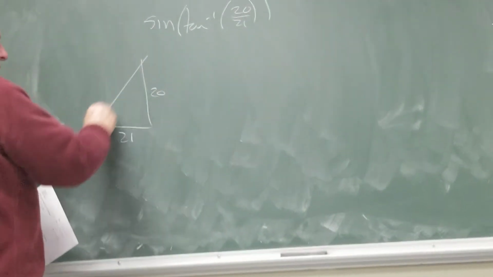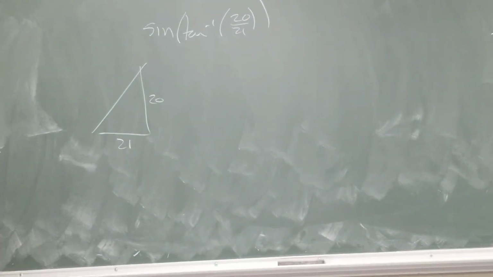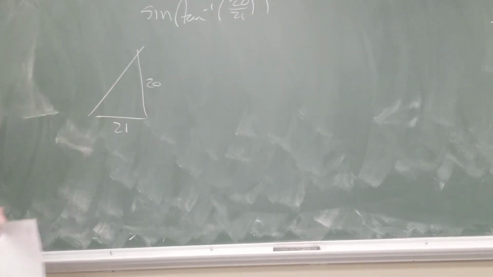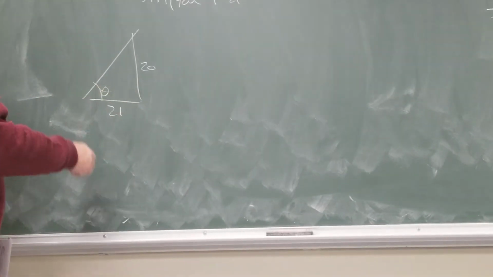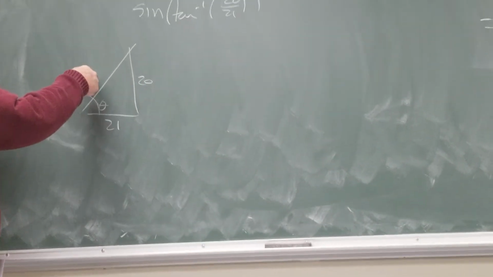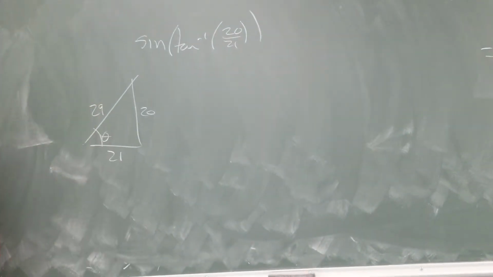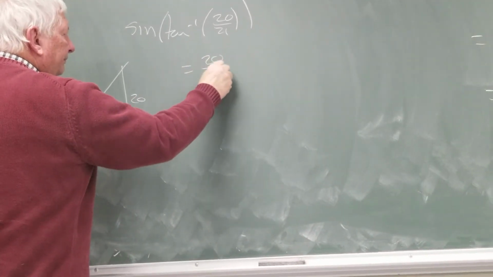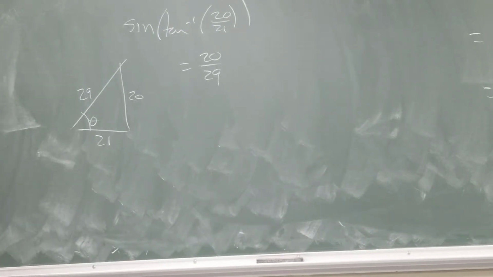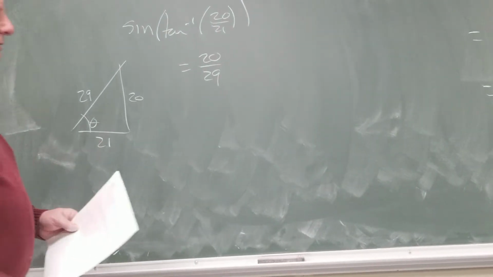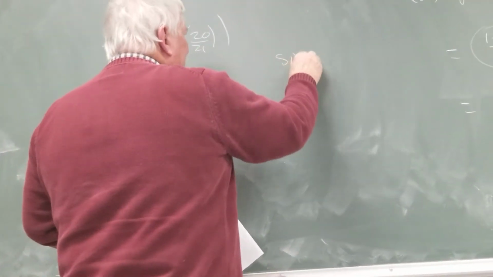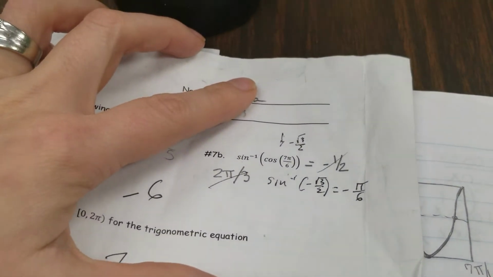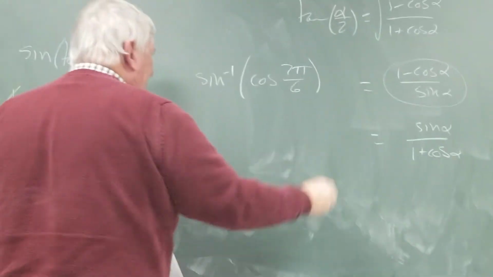That means I have a triangle. 20 over 21 is my angle, and the sine of that angle is over the hypotenuse, which I believe is 29. Do the height.